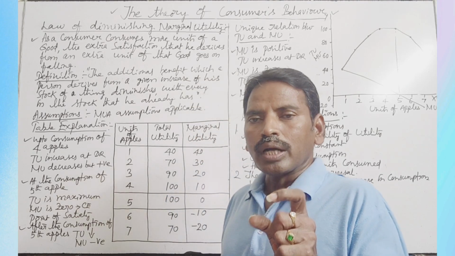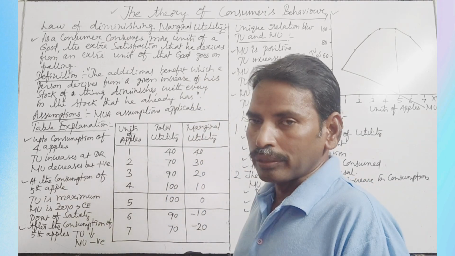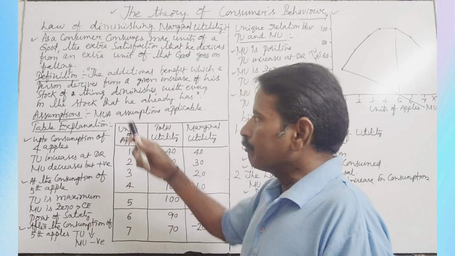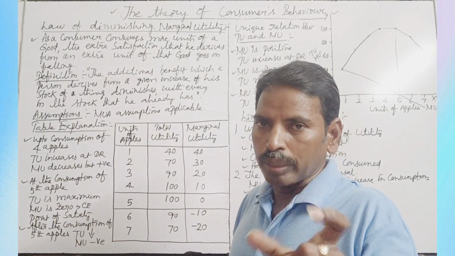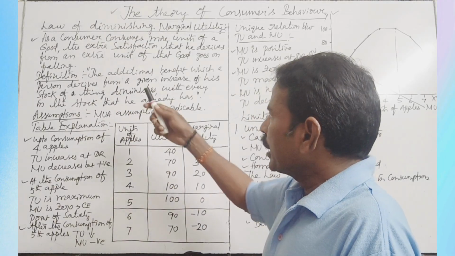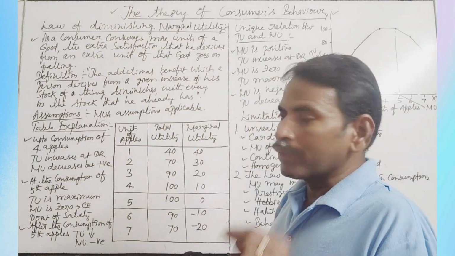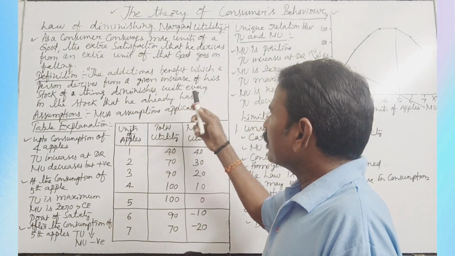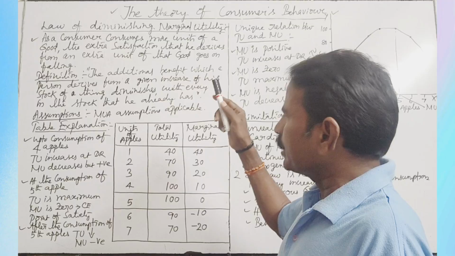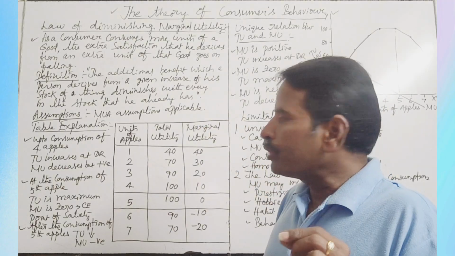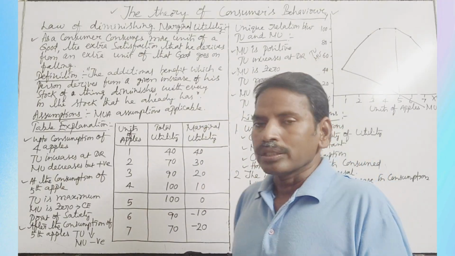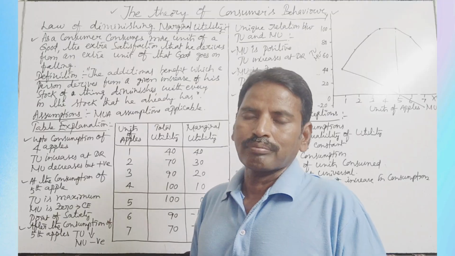Now, the definition given by Alfred Marshall: the additional benefit which a person derives from a given increase of his stock of a thing diminishes with every increase in the stock that he already has.